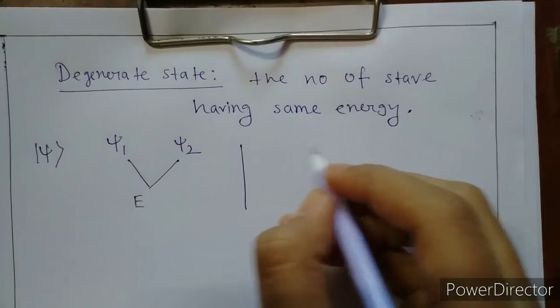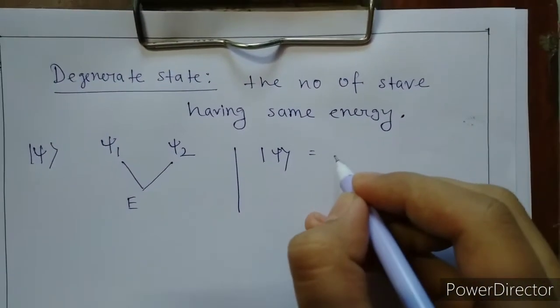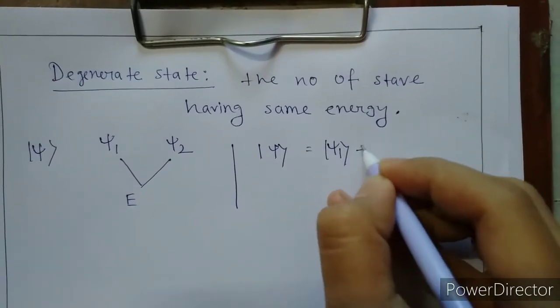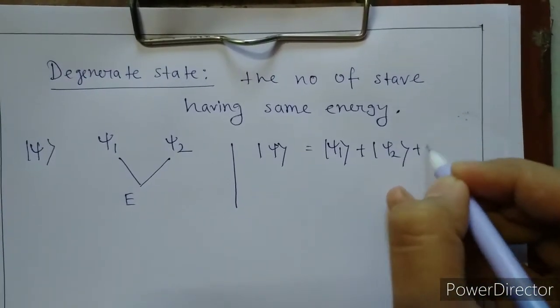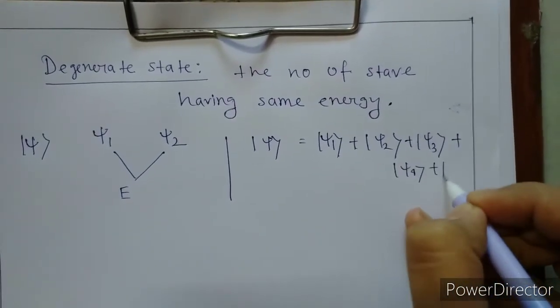And again let you have a system having 5 states, psi 1, psi 2, psi 3, psi 4 and psi 5.